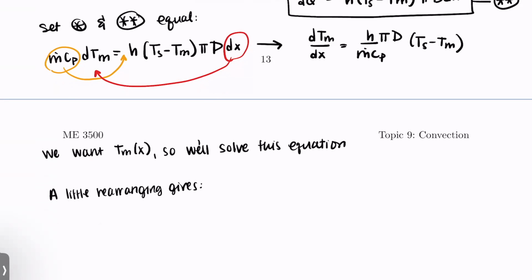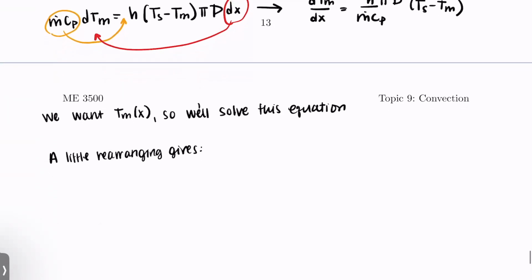What I'm going to do is say that the differential of minus Ts plus Tm over dx is just dTm dx, because the surface temperature is a constant. So if we take the derivative of it, it's just 0.